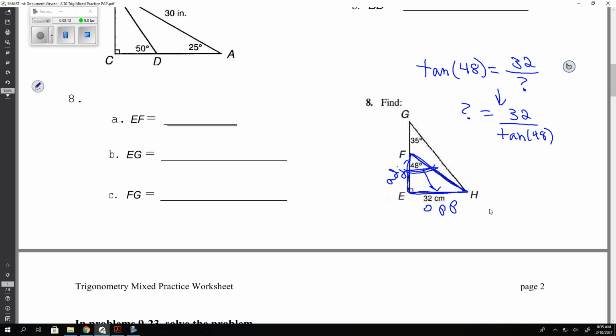I don't remember what to round to. Yeah, we'll just do 10. That's fine. Yeah, so 28.8, right? 28.8. So that's this little piece right here.